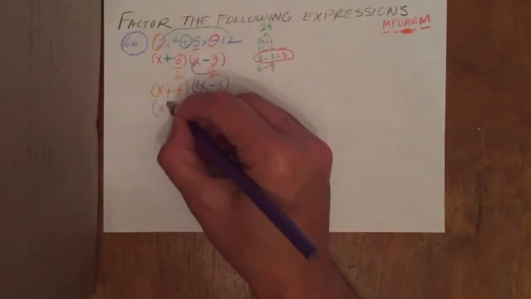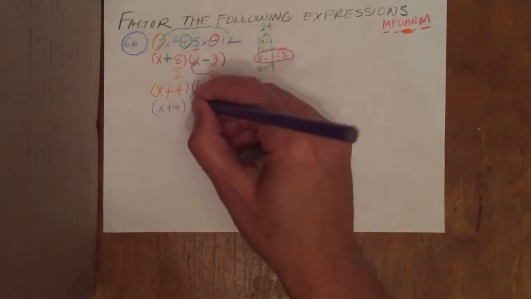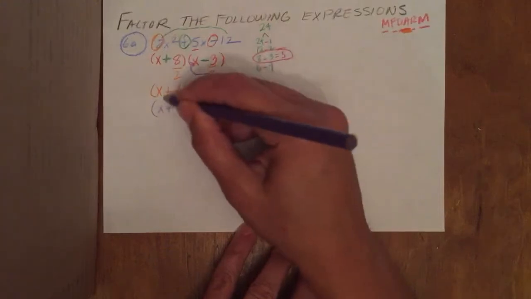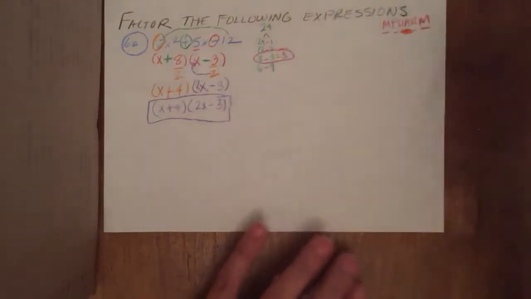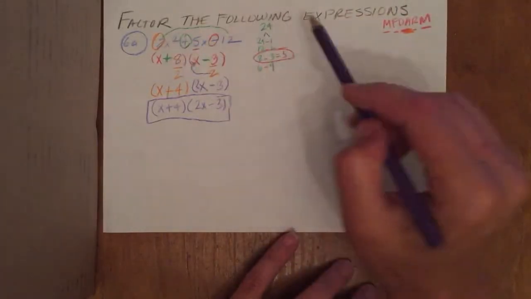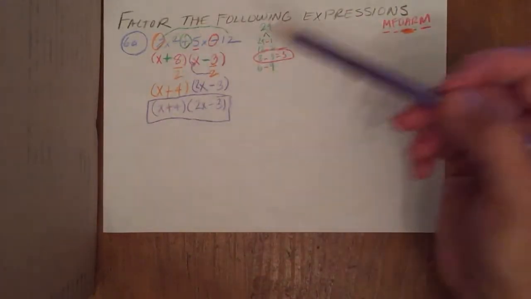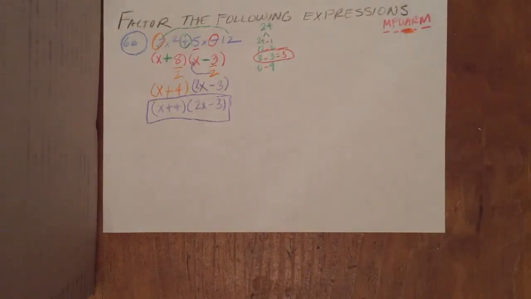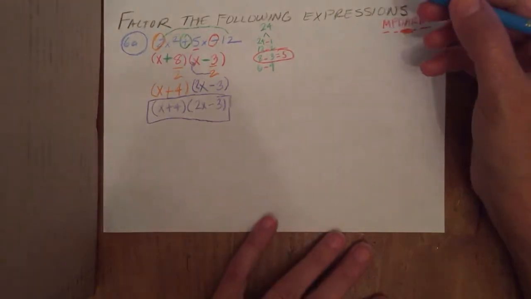So our final answer is x plus 4 times 2x minus 3. And that's how you use MFDARM. Some of you are good at guess and check, and you like to use guess and check. You know it's going to be 2x and x, and you try to figure out the factors. That's fine. MFDARM is just a fail-safe way to get the answer correct each time.